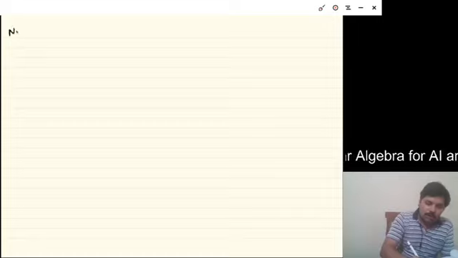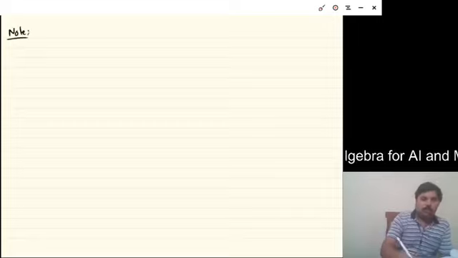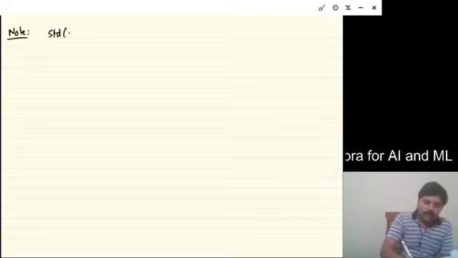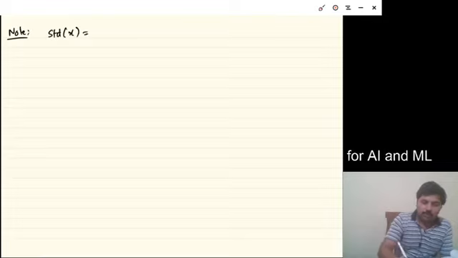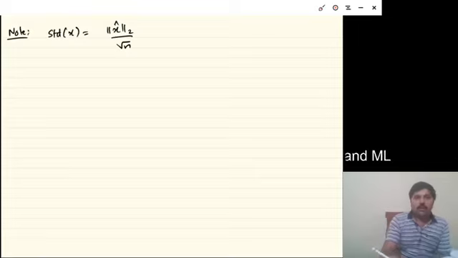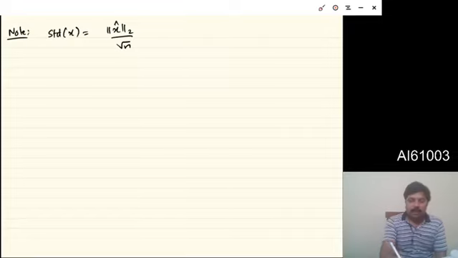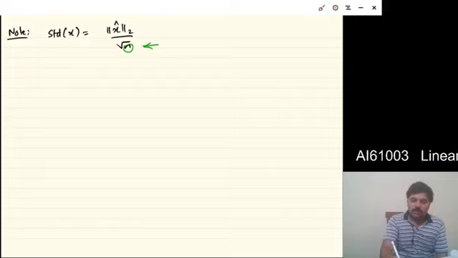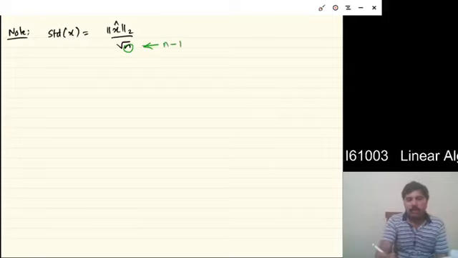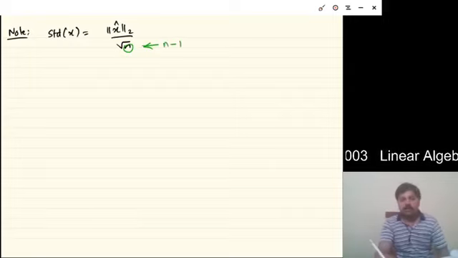The important note here is that the formula of standard deviation of x involves the square root of n, but you will see that in many statistical applications, especially when you are working with data, this n is replaced by n minus 1 in order to define the standard deviation of x.